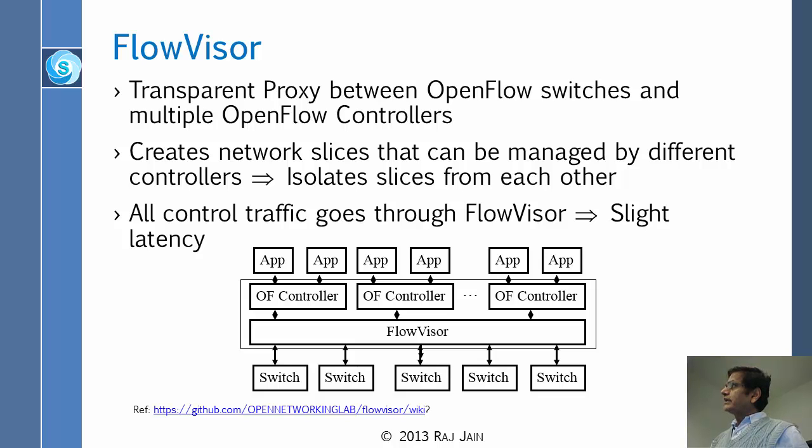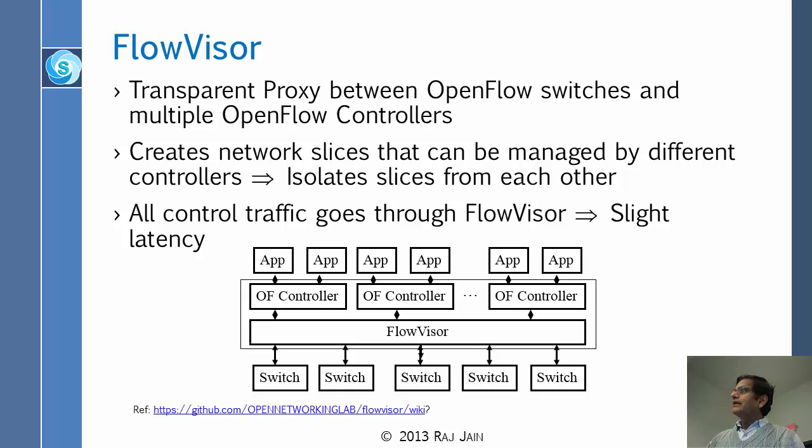What the FlowVisor does is that the switch thinks it is talking directly to the controller, so it sends to that. Then the FlowVisor intercepts it, looks at what it is and where it is going, and then gives it to the right controller. So in that sense, it provides slicing. It slices the network into pieces which are controlled by each controller.